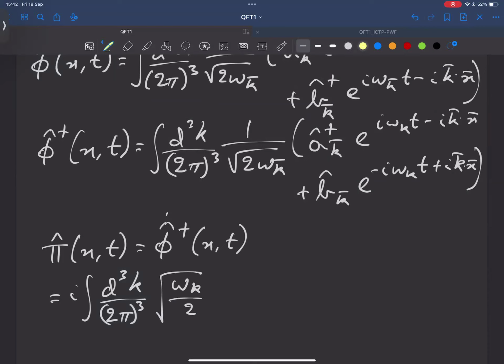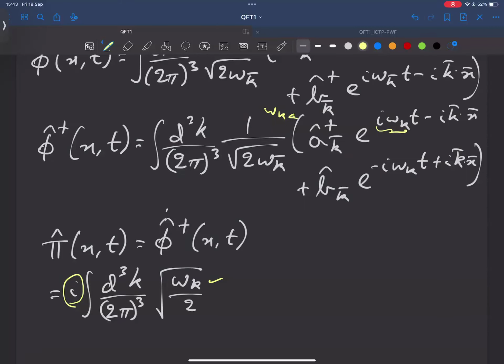So you see what's happening is because of the time derivative, this i omega comes out, and that's why you get an extra i here, and you get an overall omega here, and so you get an omega in the numerator under the square root. Okay, so that's what is going on.